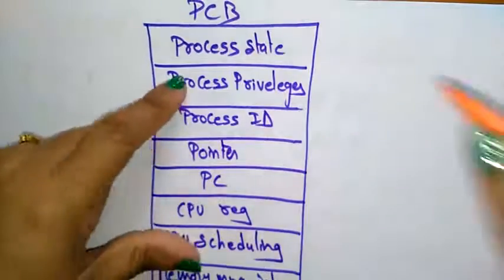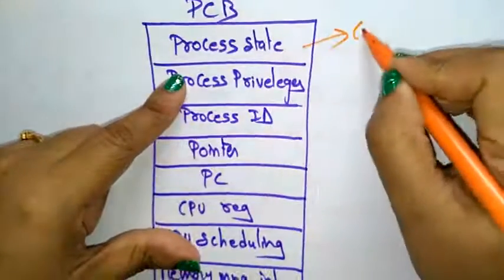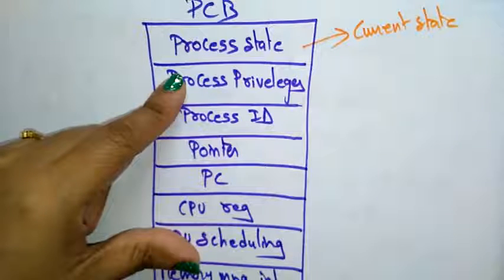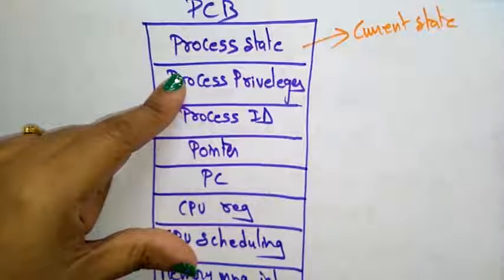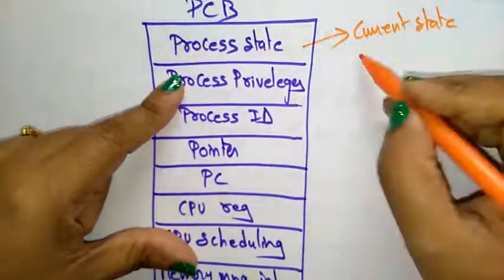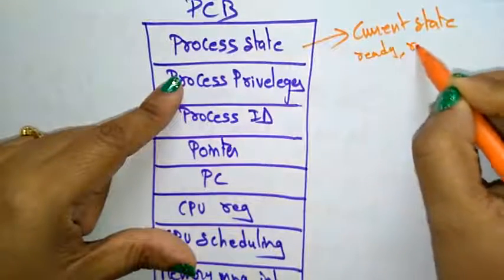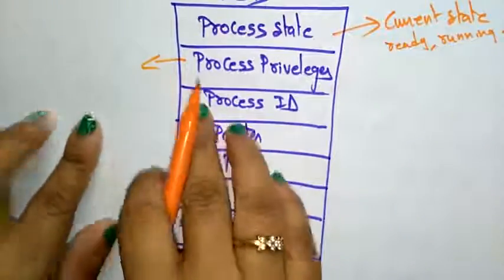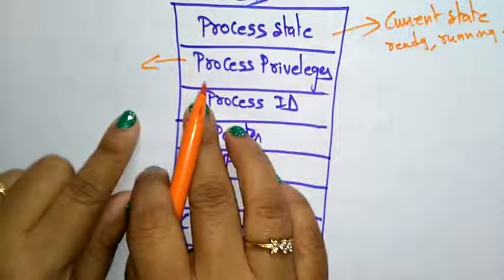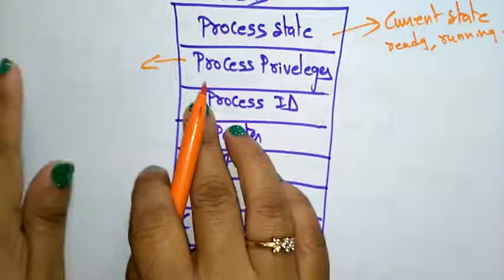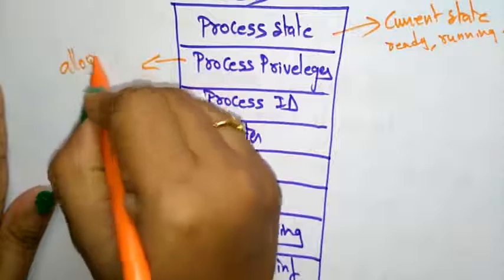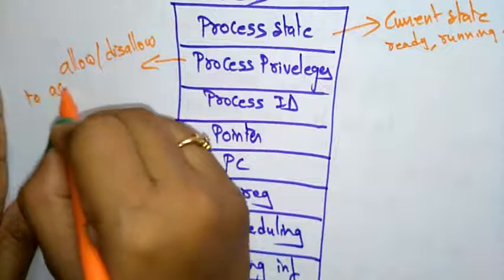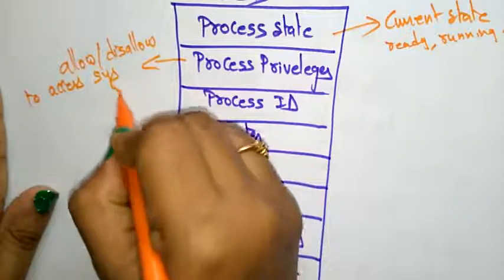The process state indicates what state the process is currently in, whether it is in running state or ready state, the current status of a process, whether it is ready or running or waiting, like that. Then what about the process privileges? Process privileges mean whether to allow or disallow access to system resources.